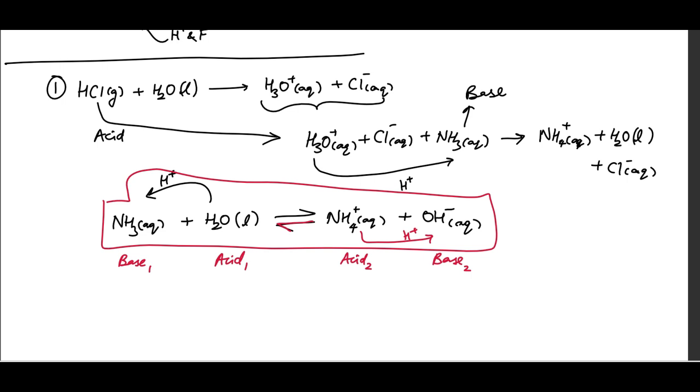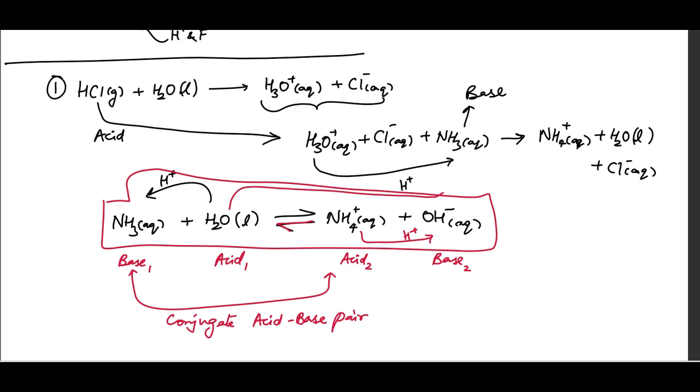So this particular thing, NH3 converting to NH4 plus and NH4 plus converting back to NH3, is one of the conjugate acid base pairs. We call it a conjugate acid base pair. So if suppose a question comes, what is the conjugate base of H2O?